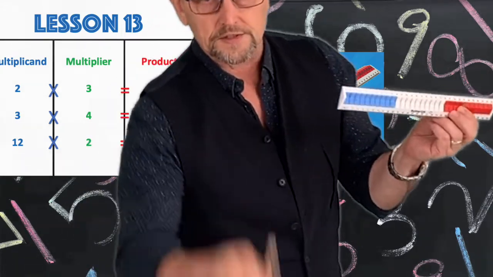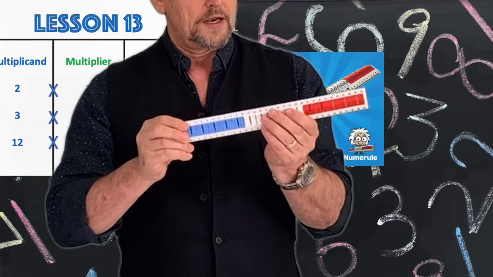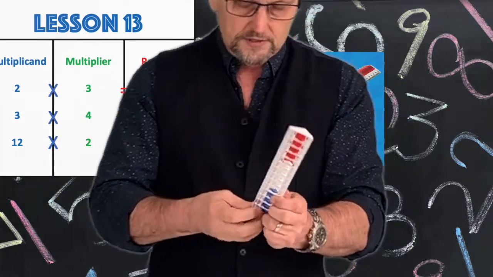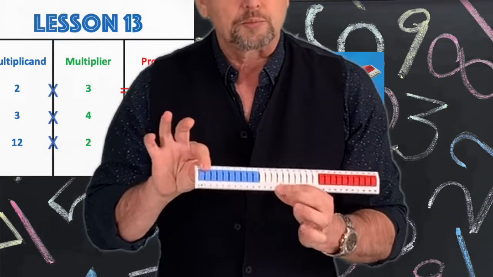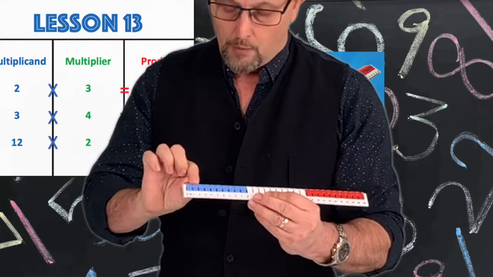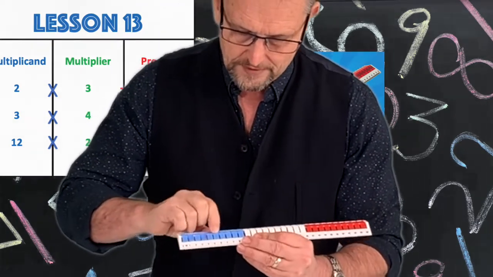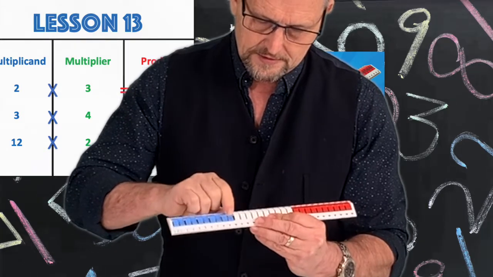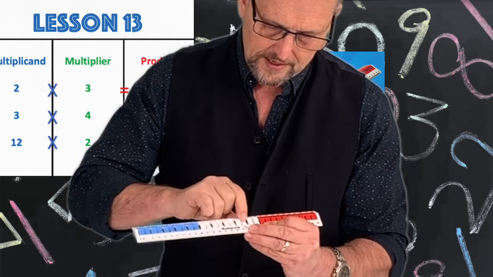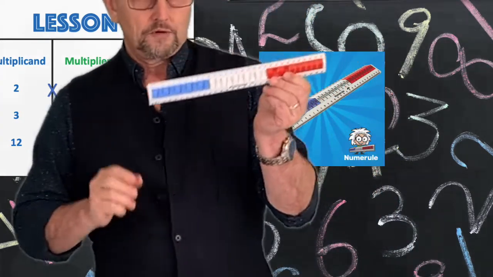So 1 lot of 2, 2 lots of 2, 3, 4, 5, 6, 7, 8, 9, 10, lift that one up, 11 and 12. 12 lots of 2 and we're up to 24. Again, we can discuss the place value implications of that with the children. All right, now let's just pop all those back out again. And this time we can discuss multiples of 2, 12 times. 2, 4, 6, 8, 10, 12, 14, 16, 18, 20, 22, and 24.